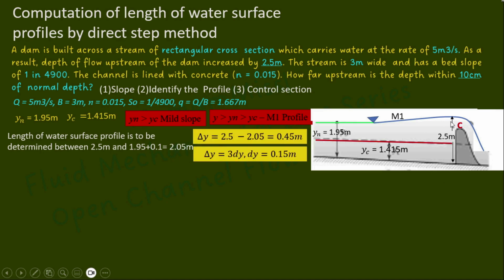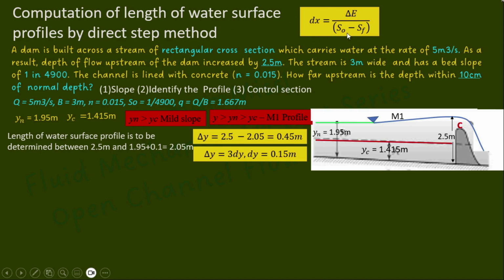In order to calculate the length of the water surface profile, this difference is divided into 3 subdivisions, so delta y equals 3 dy, or dy equal to 0.15 meter. So dx equals delta E divided by S naught minus Sf.